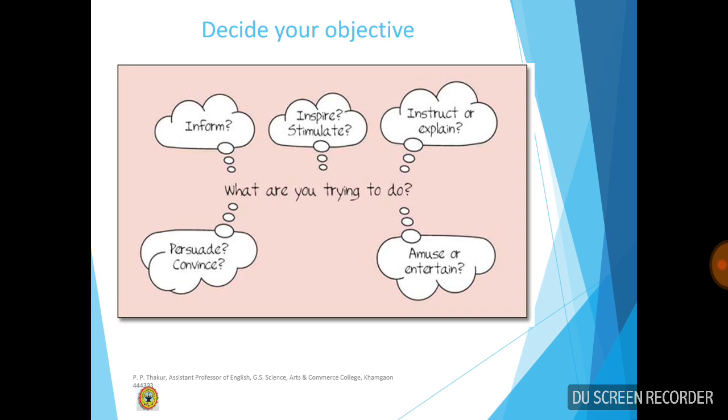You should first decide what is your aim in giving this presentation. What are you trying to do? Are you trying to inform the audience about something? Is your presentation intended to be informative? Are you trying to persuade or convince the audience to do something?